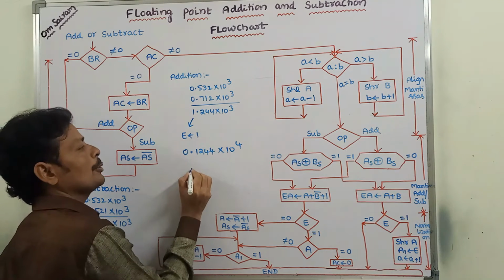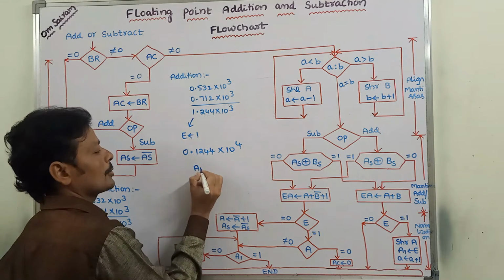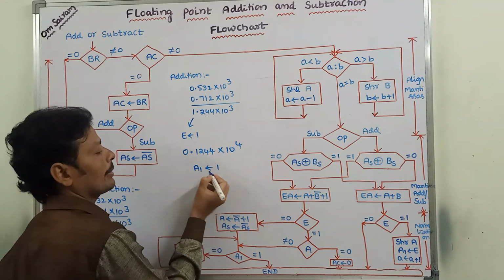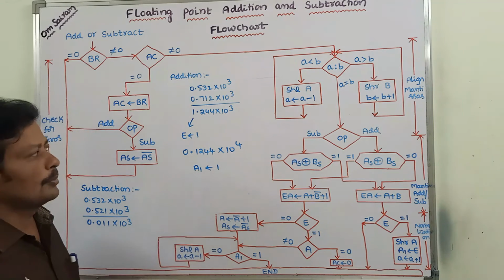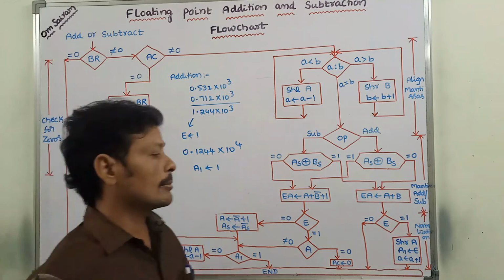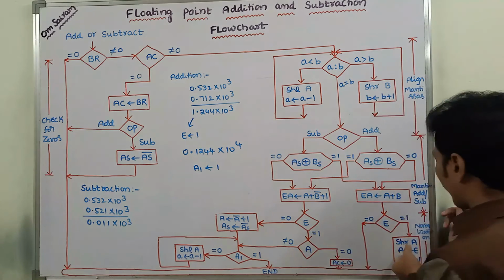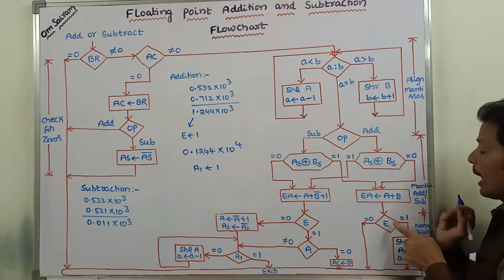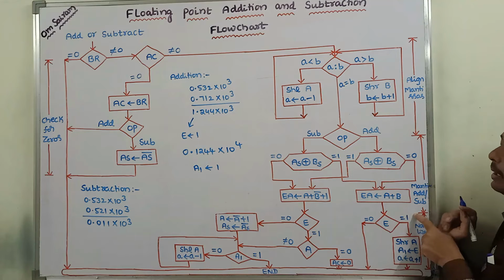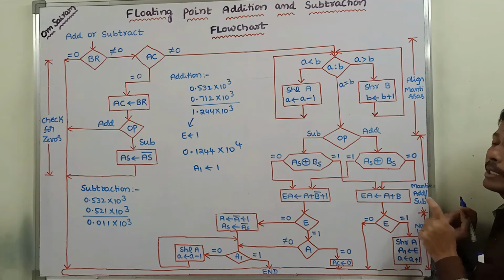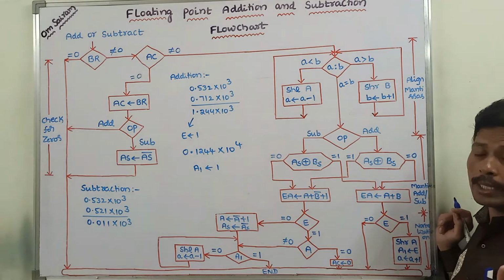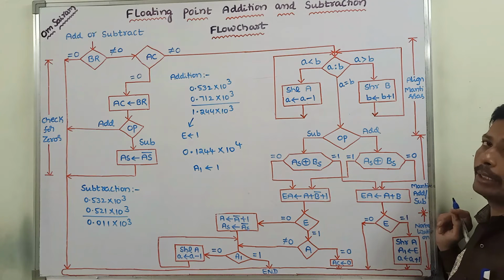What is the E value? E value is 1, so that 1 is transferred to A1. These three steps we have to follow whenever E value is equal to 1. E value equal to 1 is nothing but overflow has occurred.